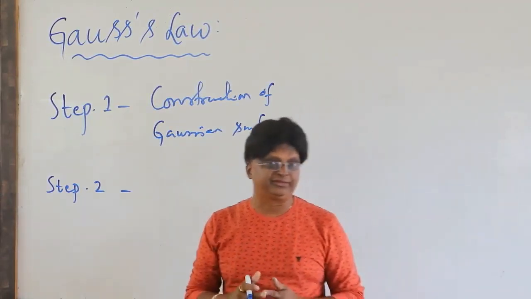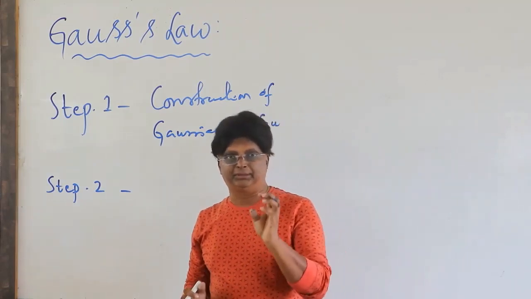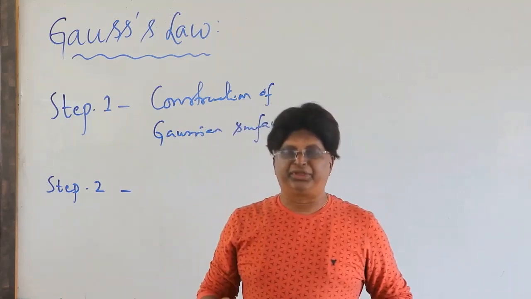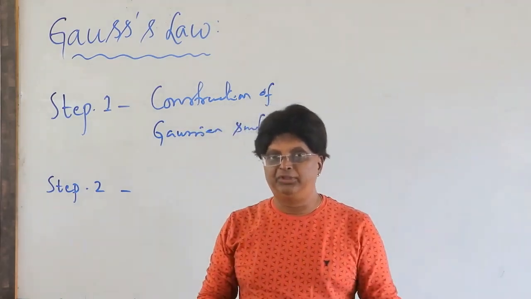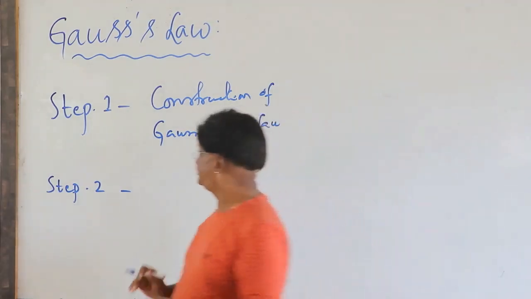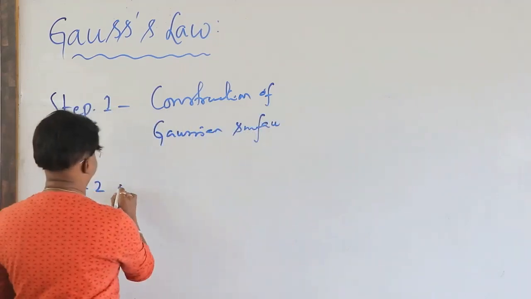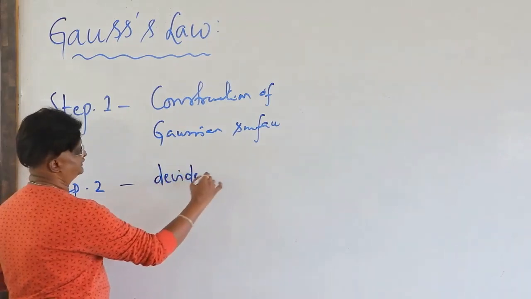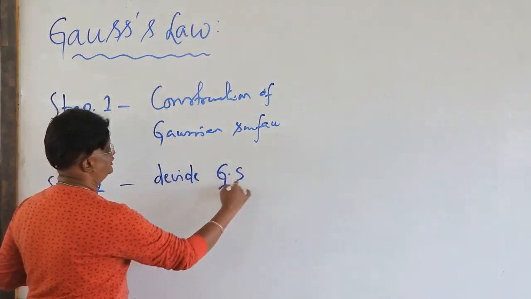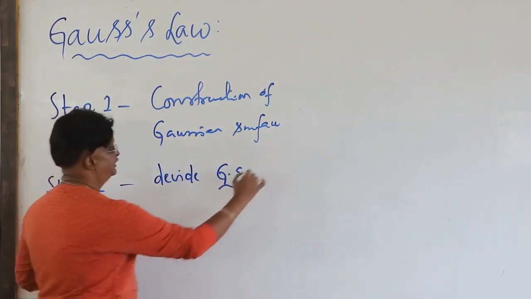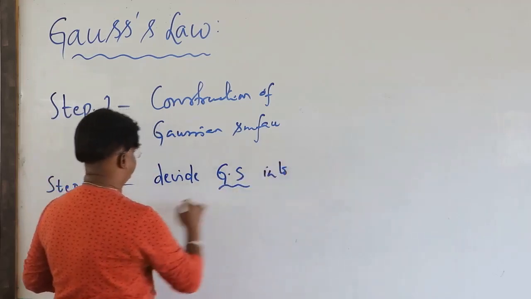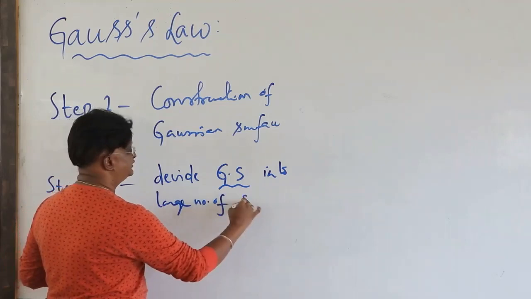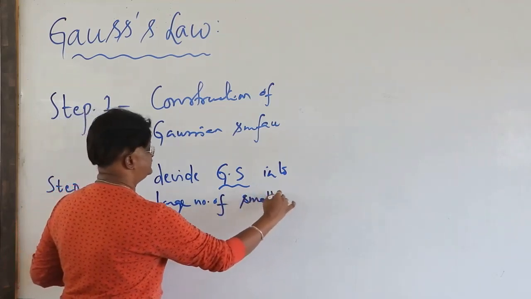When I tell you this, it doesn't convey a picture, but when we actually start doing it, you will come to know. So what is step 2? Step 2 is divide the Gaussian surface, I call it GS, into a large number of small elements.